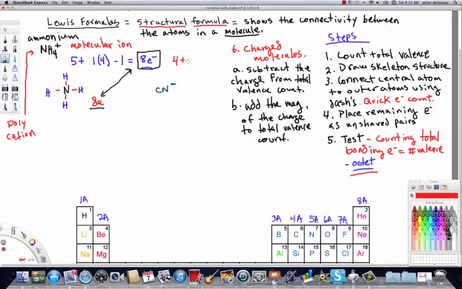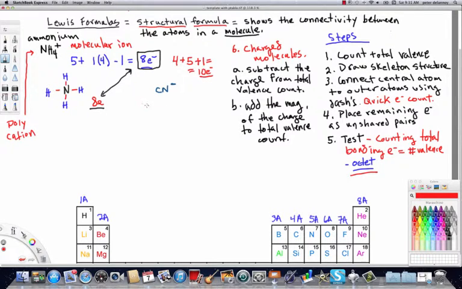Nitrogen is in group 5, and we add the charge, which is -1, so it's +1. We have 5 plus 4 is 9, plus 1, we get a total of 10 electrons for our valence count. This is our magic number.